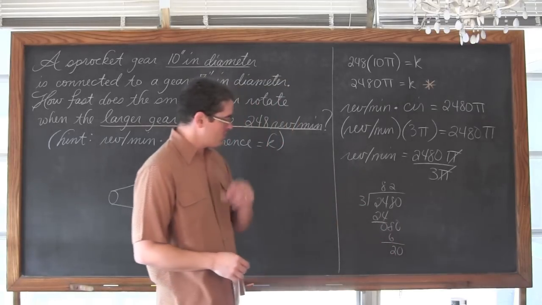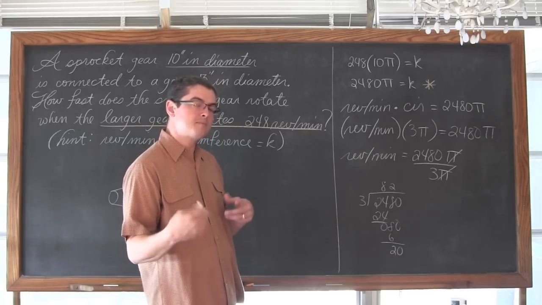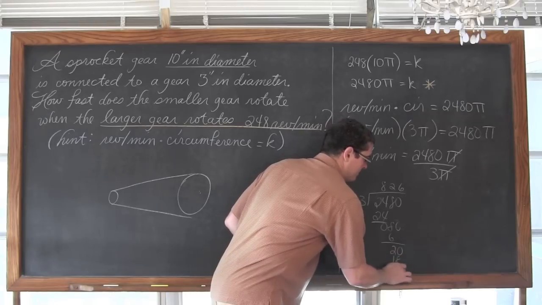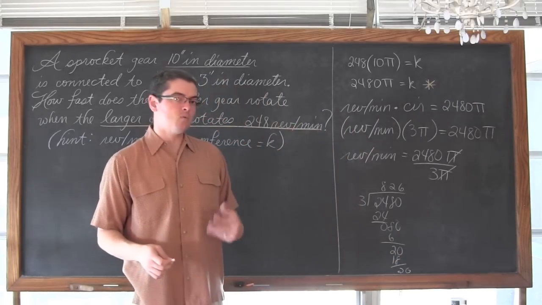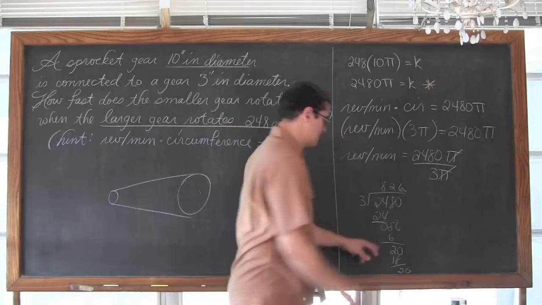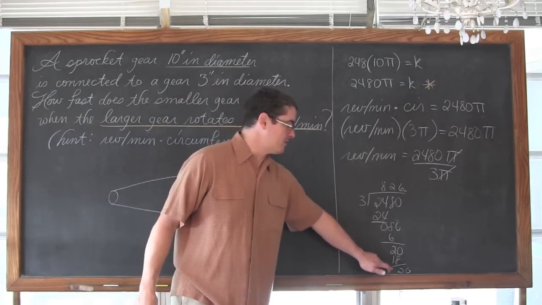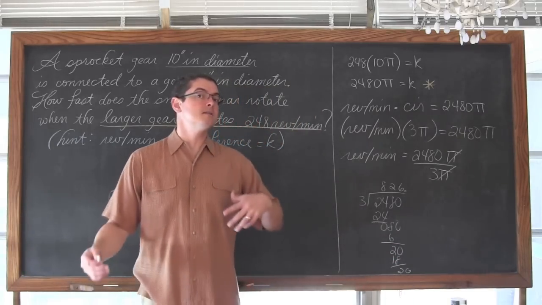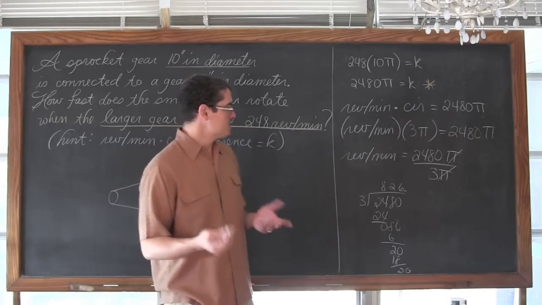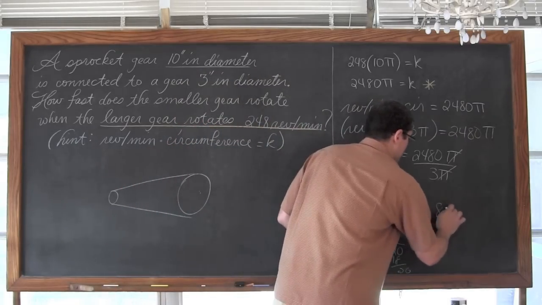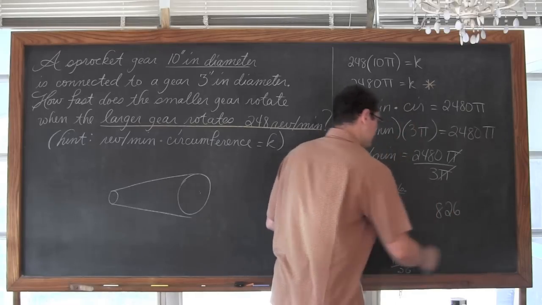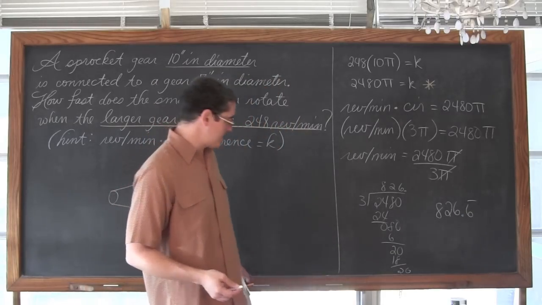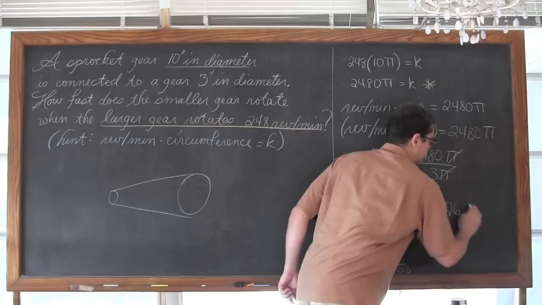How many 3's are in 20? 3 times 7 is 21, 3 times 6 is 18, and we have a difference of 2, so another 20, and we're going to continue doing 3 times 6 is 18, and 20 minus 18 is 2. So we're going to get 826 and 0.6 repeating, or 826 and 2/3 revolutions per minute.